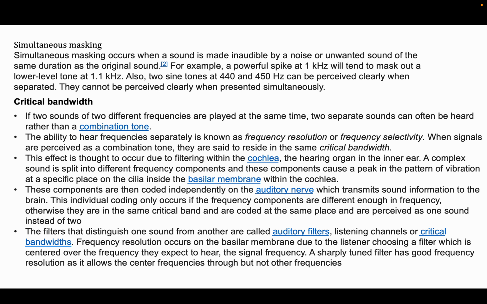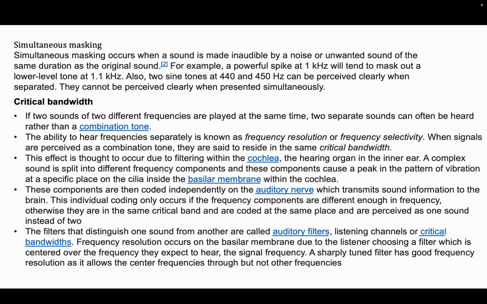But if there's even the slightest time delay between the beginning of the two different sounds, you suddenly switch to a different mode and you can perceive the difference. So even if they overlap in time, but they're not completely simultaneous, you can hear it as two tones. Whereas if they are totally simultaneous, you do not hear it as two tones. So this ability to hear frequencies separately is known as frequency resolution or frequency selectivity.